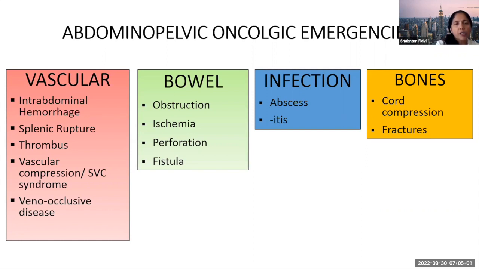In bowel, I'll show you examples of obstruction, both proximal and distal to the ligament of Treitz, examples of bowel ischemia, perforation, and fistula formation. Infection, I'll show you examples of abscess and different forms of itis, and then I'll end with a brief discussion of bones, including cord compression and fractures.